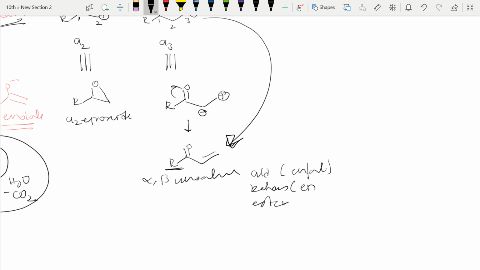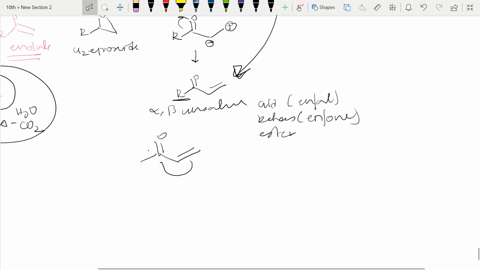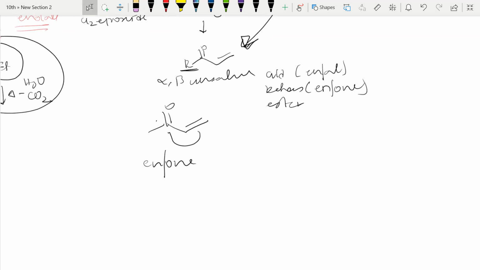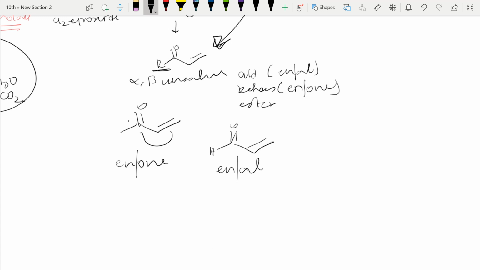Similarly for ketone, we call it enone. En for double bond in conjugation, and one means ketone group. For example, this is enone. See here, conjugation is there, double bond, single bond, and double bond, right? So this is called enone, or we can also call it alpha beta unsaturated ketone. Similarly, this is enal. Here also there is conjugation, but it is an aldehyde group, enal, right? I hope you got it.